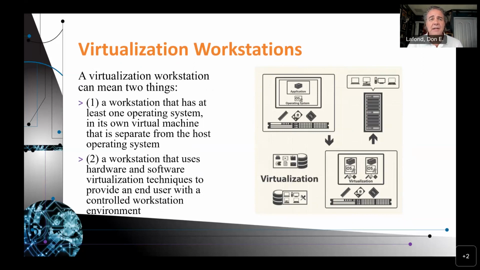Now, in today's world, I just gave you the example of number one, but in today's work environment, you may have a workstation where everything on the computer is run by an instance of the operating system that is actually running on a different computer. We call that thin client, so we'll see it over the next couple slides.